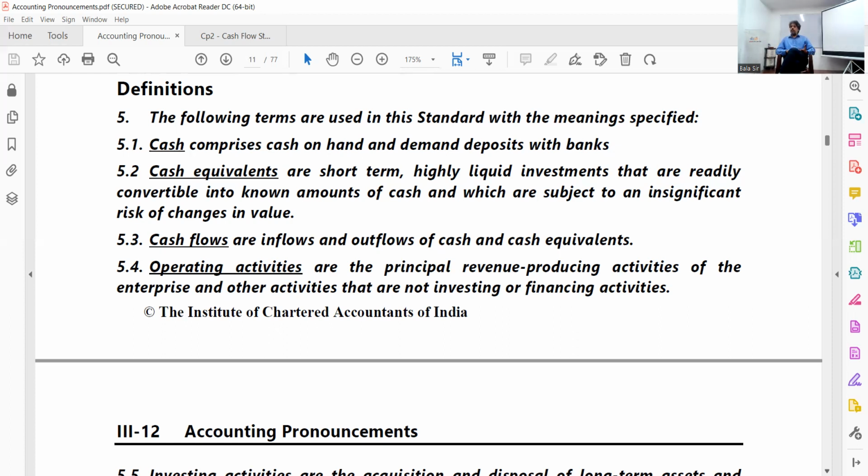Examples of investing activities. Write the heading, examples of investing activities.